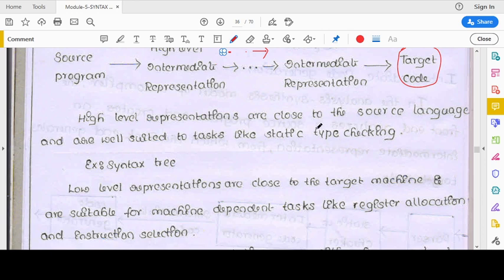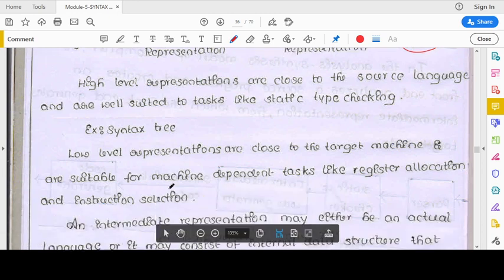Previously, we saw that in our shift reduce parsing, or LL(1) parsing, that is the top-down approach, right? We had a few entries in the table which were empty. If I encounter any of the cases for those empty entries, that means an error has occurred. So the syntax tree helps in that way.